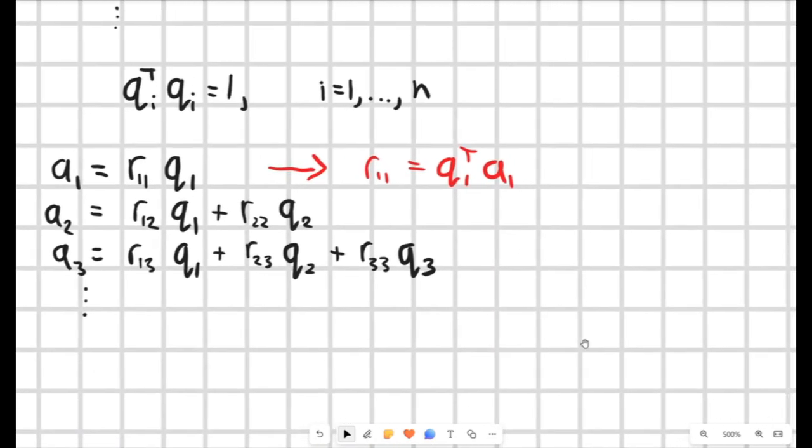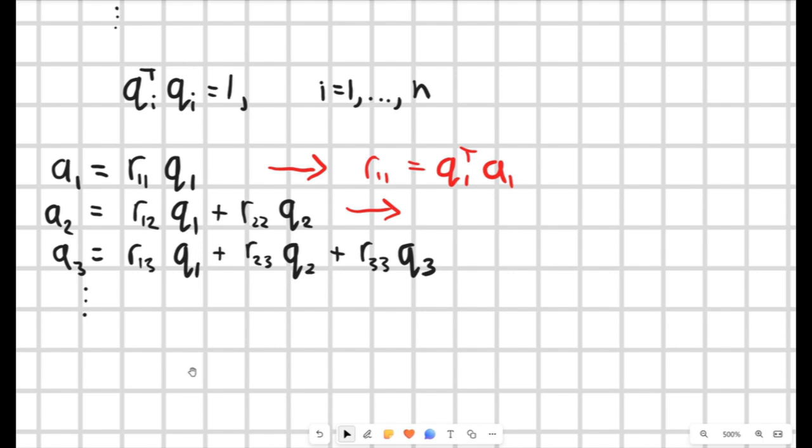If we look at the second equation, similar process. What we're going to do is, first of all, pre-multiply by Q1 transposed. So this Q1 transposed times Q1 just goes to 1. And then Q1 transposed Q2 will be equal to 0 again, all because these Q's are orthonormal by definition.